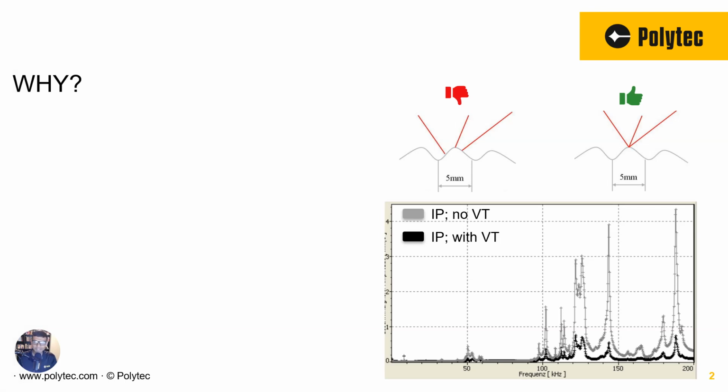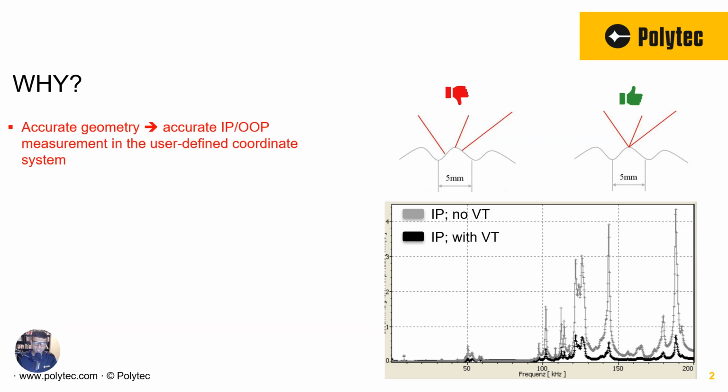So, I guess it boils down to this one statement: accurate geometry is required for accurate in-plane and out-of-plane component measurements. So the first prerequisite, and the most important prerequisite, is good geometry.